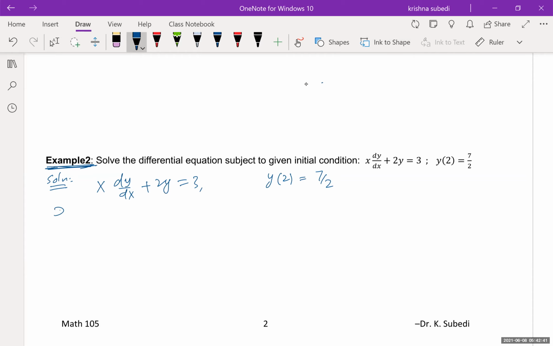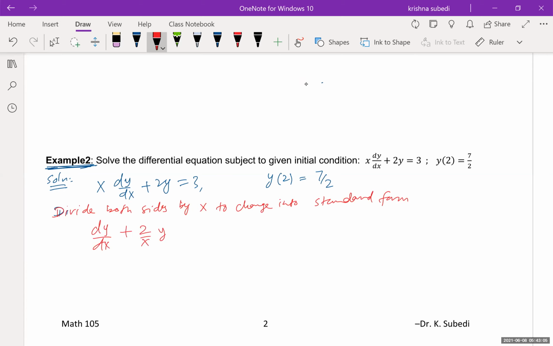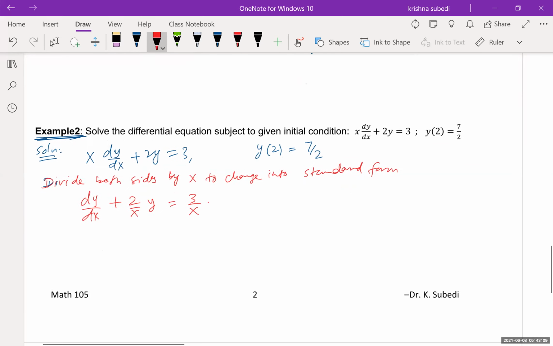Okay. Divide both sides by x to change into standard form, so that you'll get dy over dx plus 2 over x times y equals 3 over x.